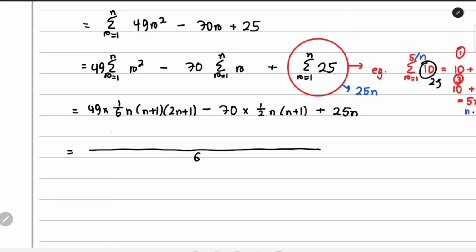So I'll have 49n times (n plus 1) times (2n plus 1) minus, and since the denominator here is 2, I have to multiply by 3 to get 6, so I multiply the top by 3 as well: 70 times 3 times half n times (n plus 1). The denominator of the last term is 1, so I multiply by 6: 25 times 6, which is 150n.